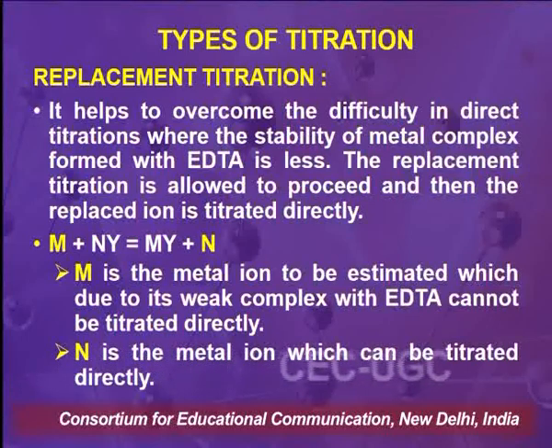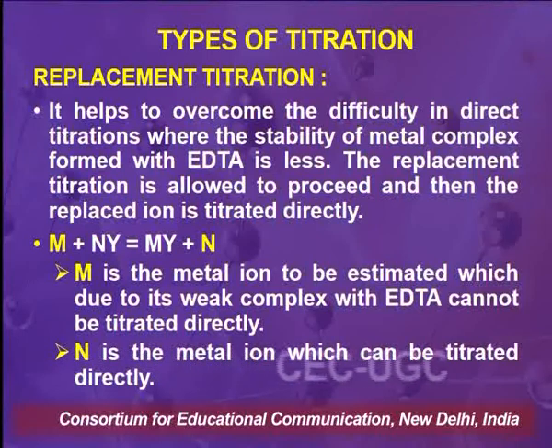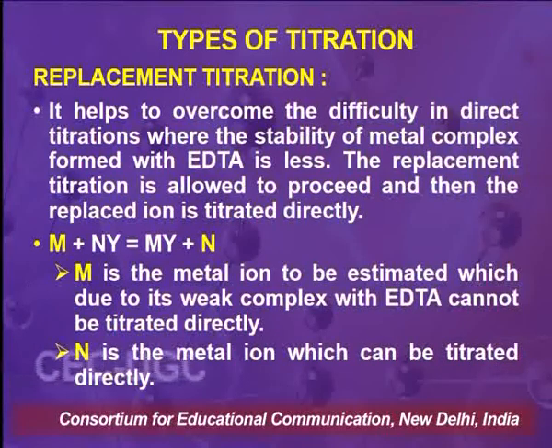That is, if the metal complex formed with EDTA is weak, its stability is less, then to overcome that problem, replacement titrations are performed. The replacement reaction is allowed to proceed, and then the replaced ion is titrated directly, as in the equation below, where M plus NY gives MY plus N.